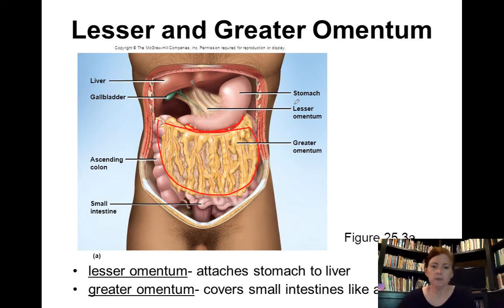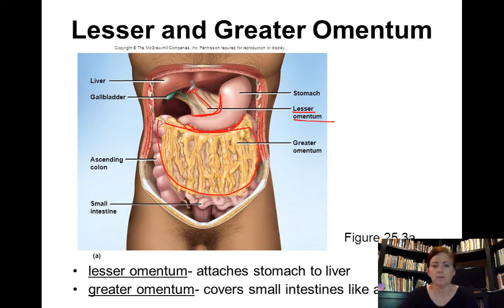And we do. And so here it is. Here's our lesser omentum. And it's going to go from the lesser curvature of the stomach up to the bottom part of the liver. So it's just a little bit smaller, and it basically helps to support the structures in the abdominal cavity, namely the stomach. It kind of anchors it to the bottom of the liver.